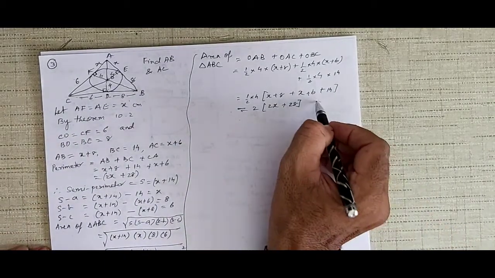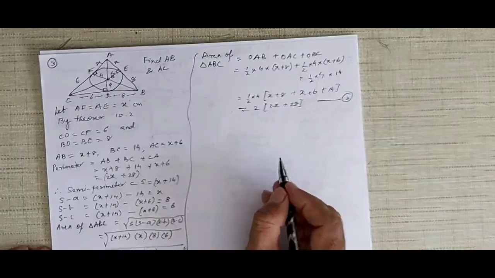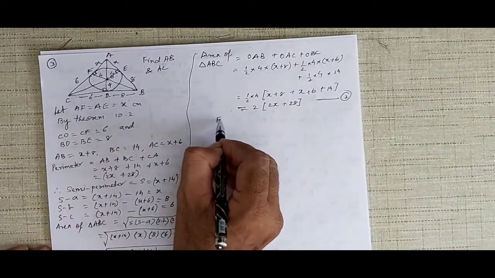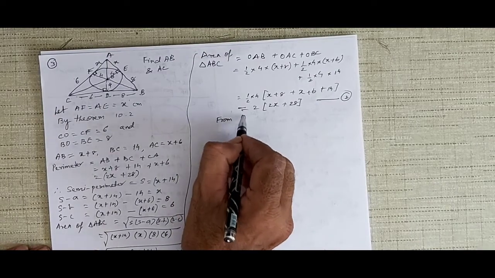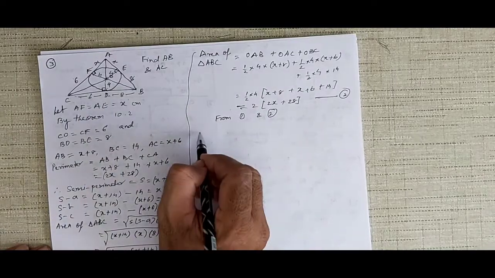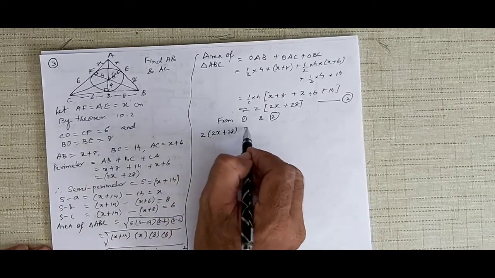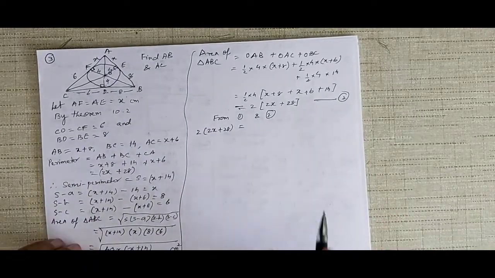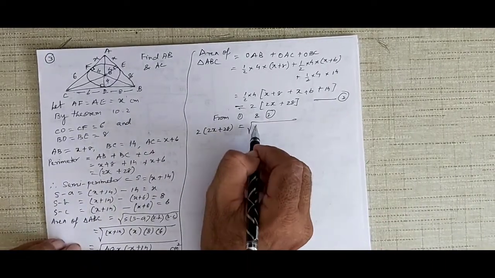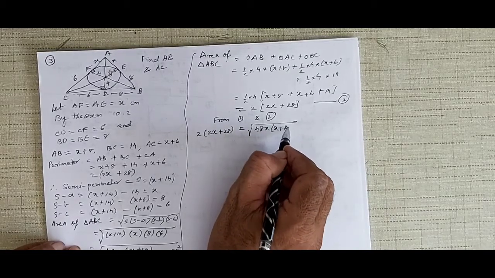Now this is result number 2, this is result number 1. Both are the area of the triangle. Therefore, from 1 and 2, I can make them equal. So 2 into 2x plus 28 is equal to the square root of 48x into x plus 14.